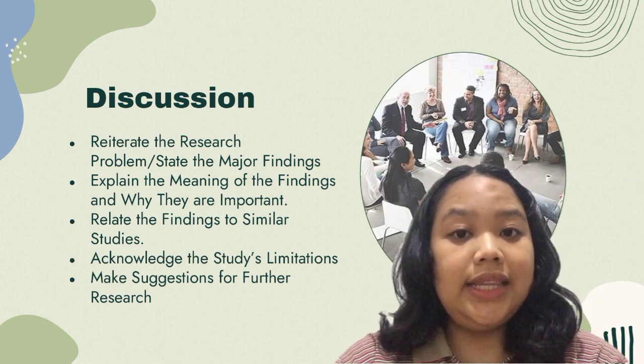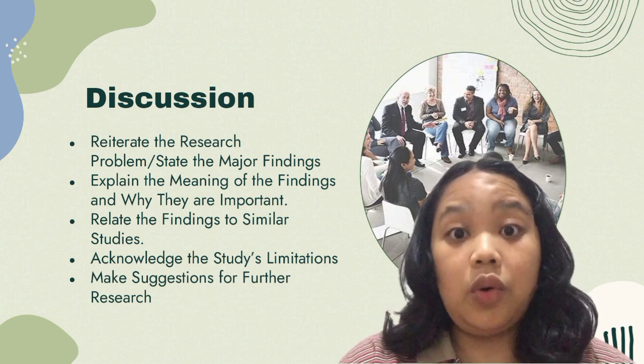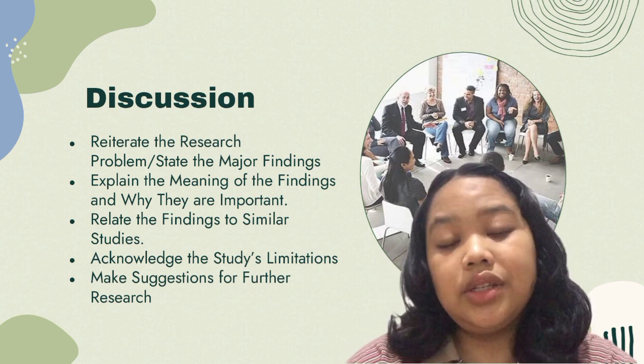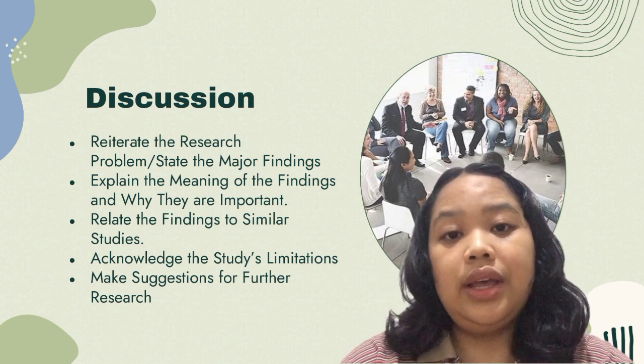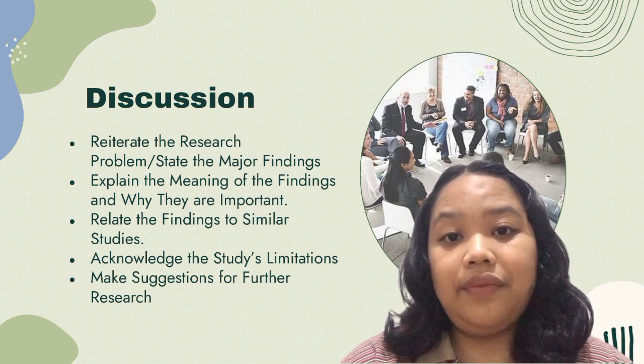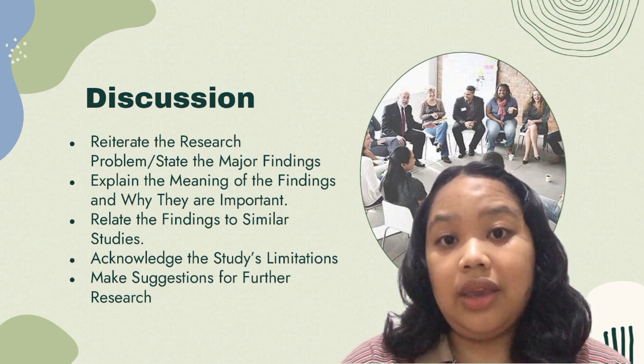Second is to explain the meaning of the findings and why they're important. In the discussion section, the researchers also have to explain systematically the meaning of the findings and why their findings are important.